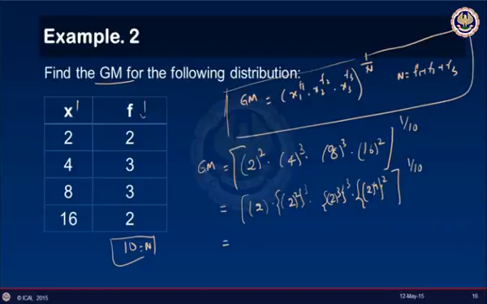And this is 2 to the power of 2, 2 to the power of 6, 2 to the power of 9 and 2 to the power of 8, whole to the power of 1 by 10.